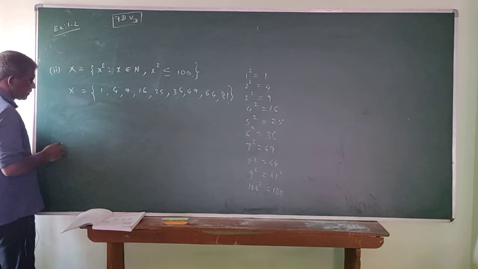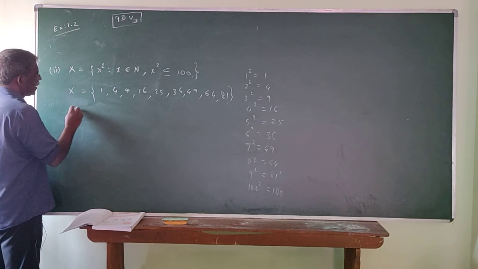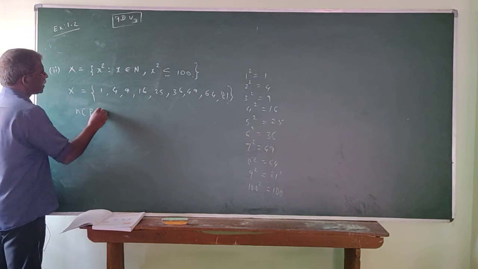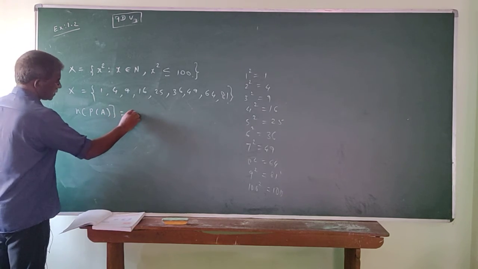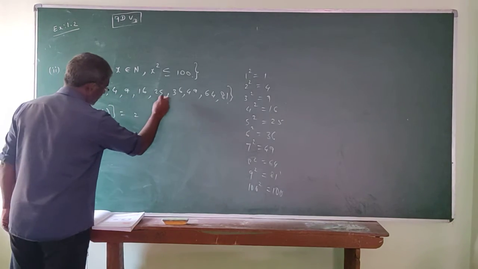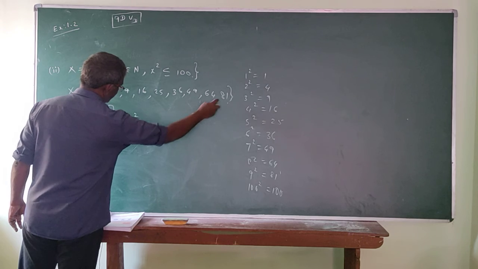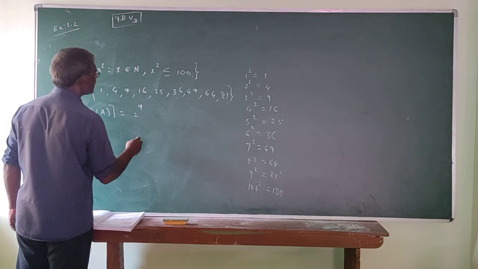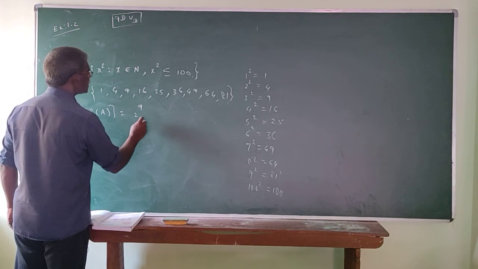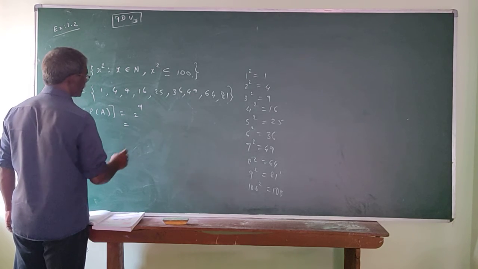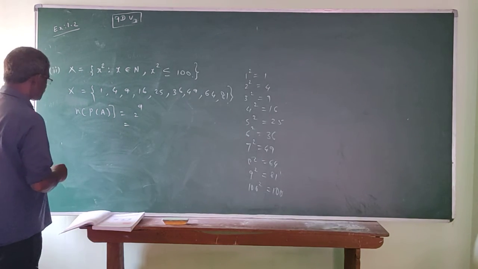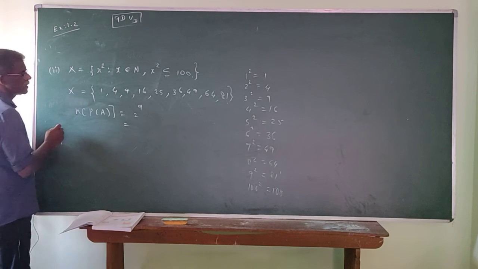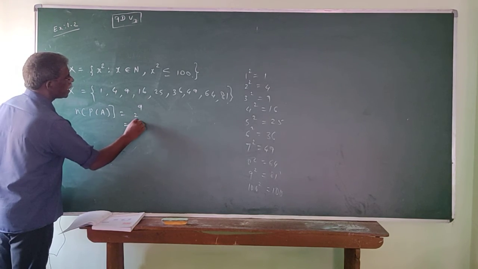So therefore the number of subsets n(P(A)) is 2 power 9, which is equal to 512.